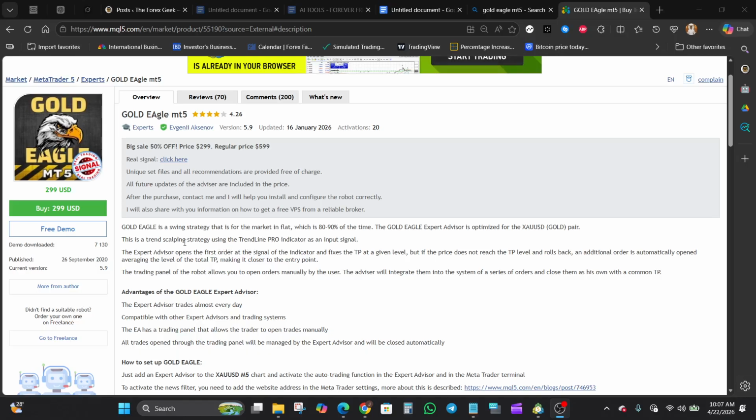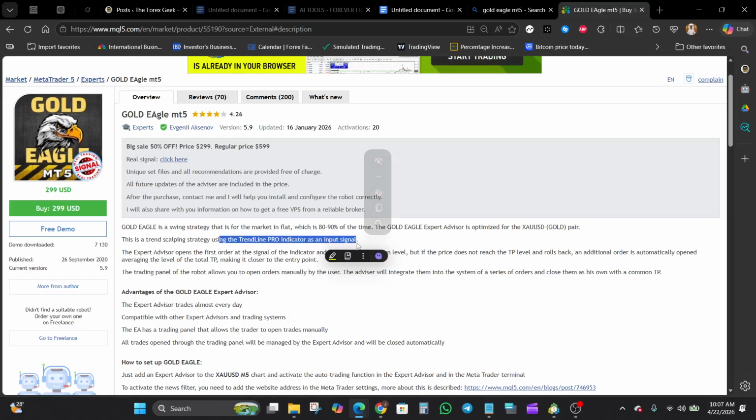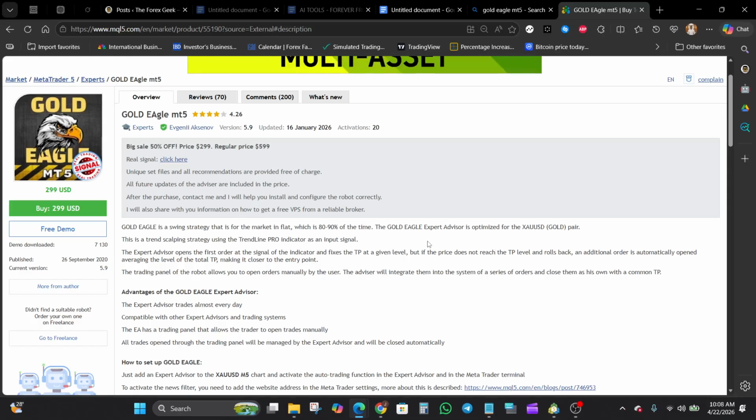So we can see the Trendline Pro here being used as an input signal. The EA uses a trend scalping strategy using the Trendline Pro indicator as an input signal. So overall, it's a fairly active system with multiple layers of logic. Right now, let's just break down the key features and what they actually mean in practice.